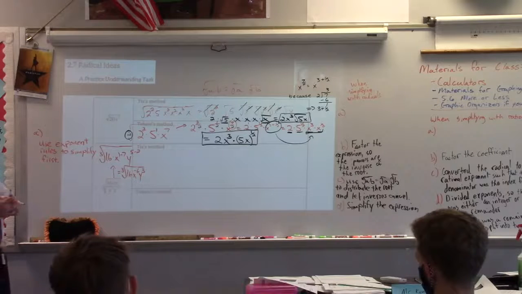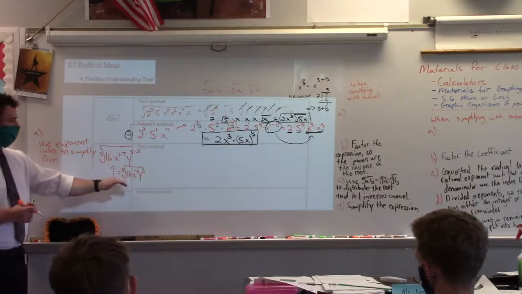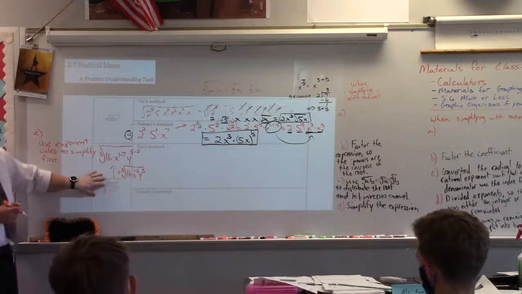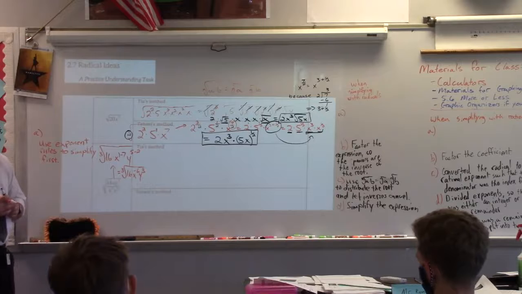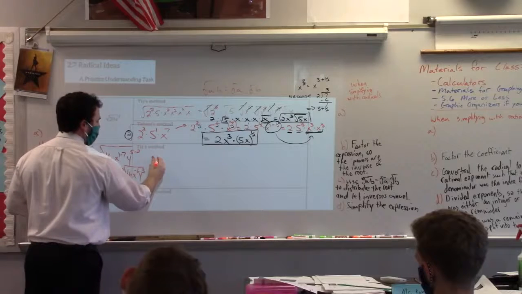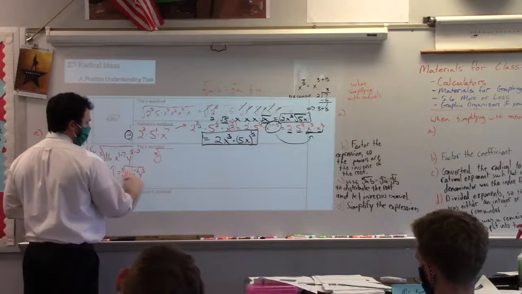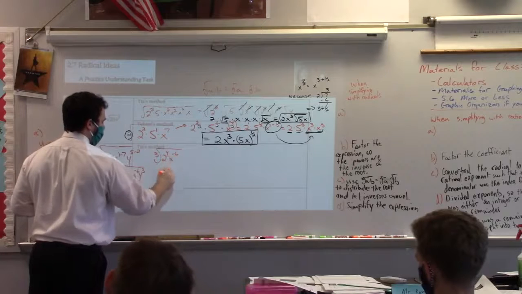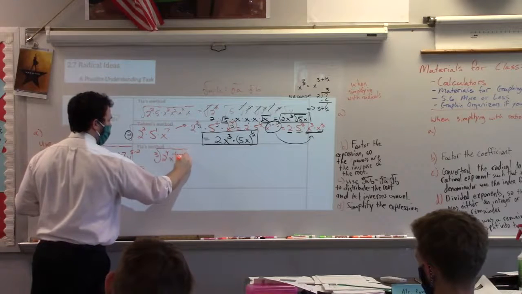Attention to detail matters. But what I want you to notice is what's going to be more complicated? Working with this simplified expression or what we started with? What we started with is way more complicated. Simplify first. Now, with Tia's method, rewrite 16, that's 2 to the 4th, x to the negative 6, y to the 3rd.